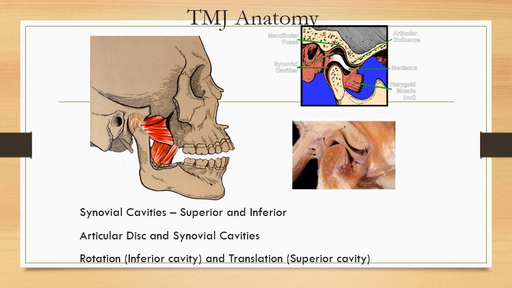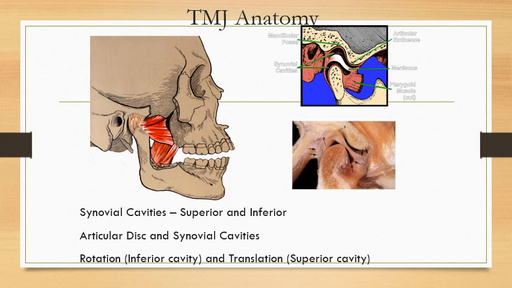This fibrocartilage, or interarticular disc, divides the joint cavity, which is formed above the condylar head and below the infratemporal fossa, into two joint cavities, the upper and the lower. The superior joint cavity is primarily responsible for the sliding or translatory movement, while the lower joint cavity is involved in the rotation or hinge movement.